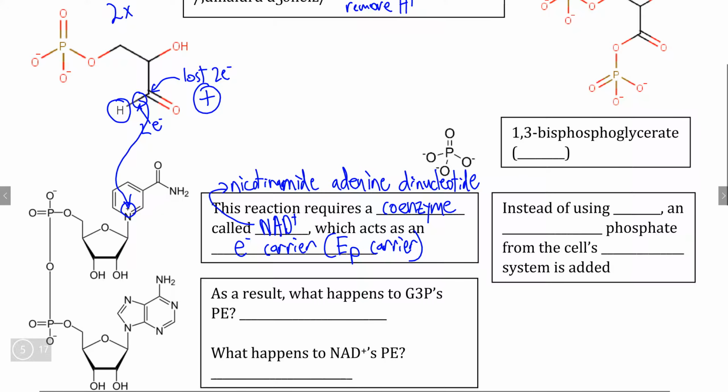Now, as a consequence of this, this positive charge is going to attract to a strong negative charge, which happens to come from a phosphate ion.